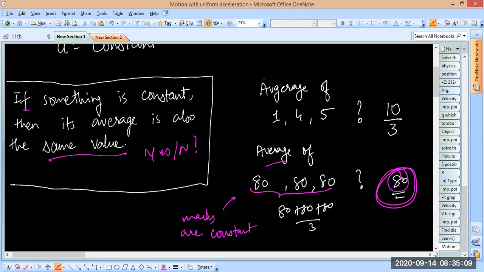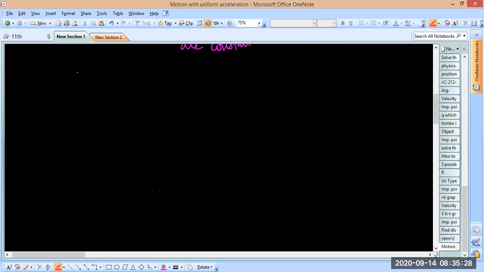All right, very good. So keep that in mind now. This applies not just to your marks, it's applicable to everything. Now, let's move ahead. Here we are going to talk about constant acceleration.